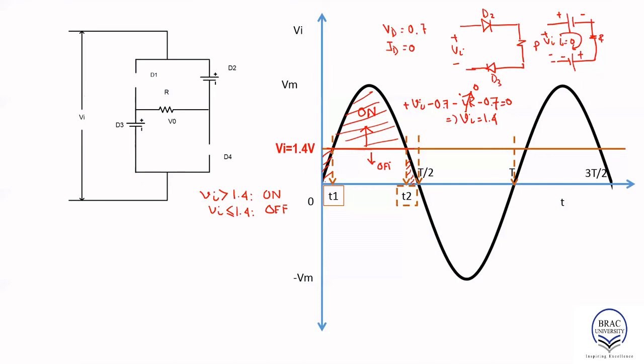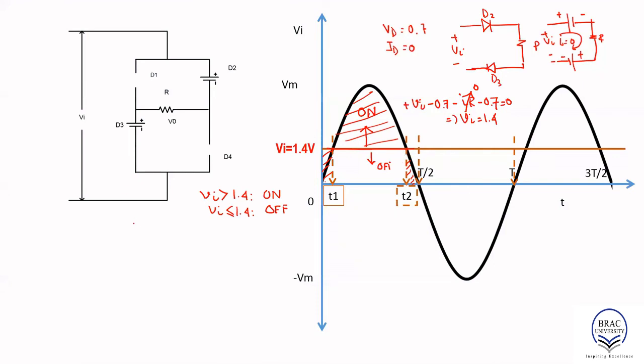And then we determine the time corresponding to this intersection. So we know that this line intersects the signal here and here. So T1 is the time when Vi is equal to 1.4 occurs. T2 is the time when Vi is equal to 1.4 occurs again.